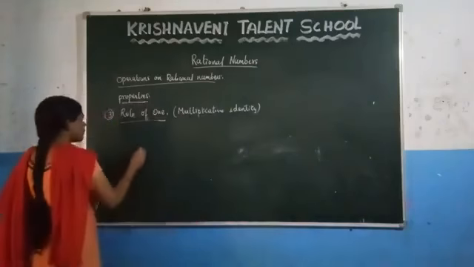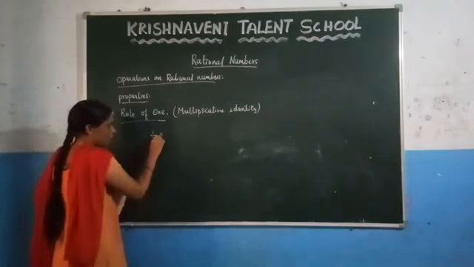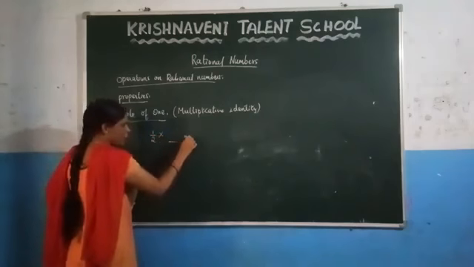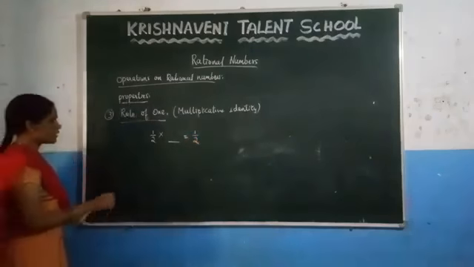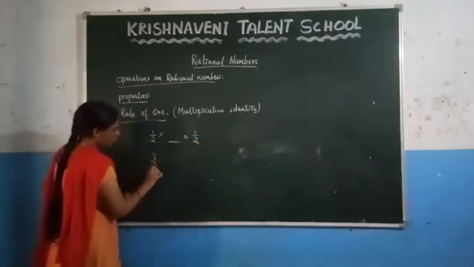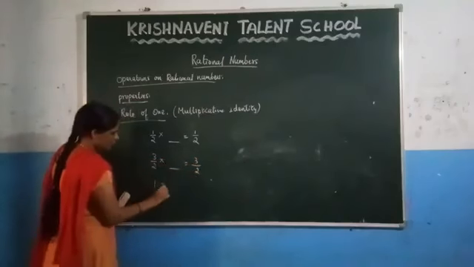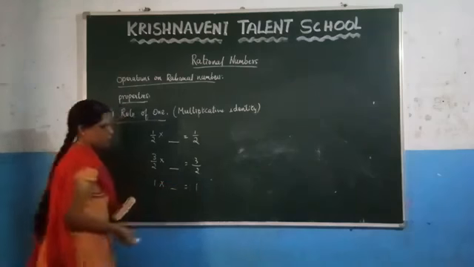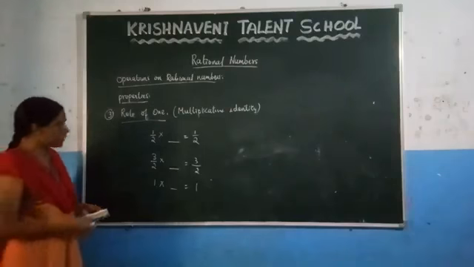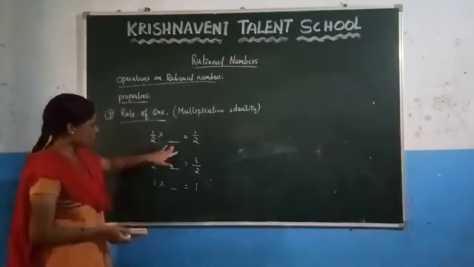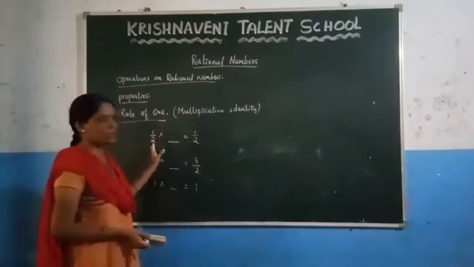Multiplicative identity means if you consider any rational number, you multiply by one number such that you get the same number as the result. Consider one more example: 3 by 2 into, you have to get the same number. So what does it state here, role of 1: if you consider any rational number, you have to multiply by one number such that you get the same rational number.